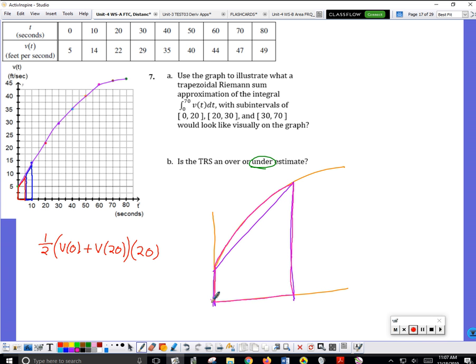Agreed? Good. But if I make the trapezoids really, really narrow, they get pretty good at following the curve because they're so narrow. And this is where you have to kind of imagine. If you could make the trapezoids infinitesimally narrow, they would follow the curve perfectly. So the perfect integral would find the area between the x-axis and the curve perfectly. So my estimate is definitely too small. 2 points. There you go.